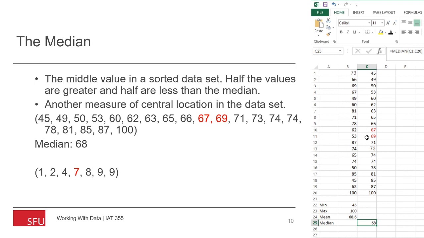You can see that these are in sorted order from smallest to largest, and item 10 and item 11 are the two middle ones because there are 20 items in the list. Taking the mean of 67 and 69 yields 68, and that's the median value. On the slides, we have another tiny data set: 1, 2, 4, 7, 8, 9, 9. 7 is the median value, and I've highlighted it once again in red.